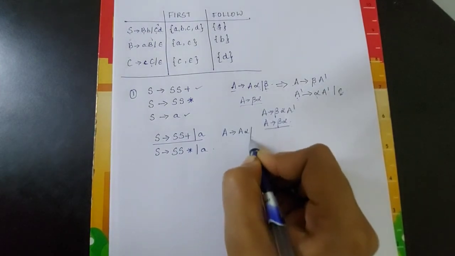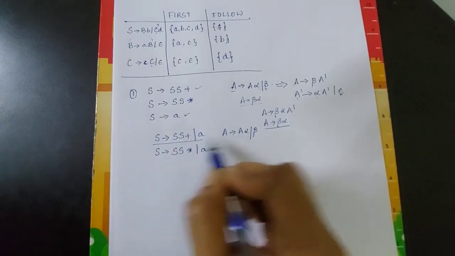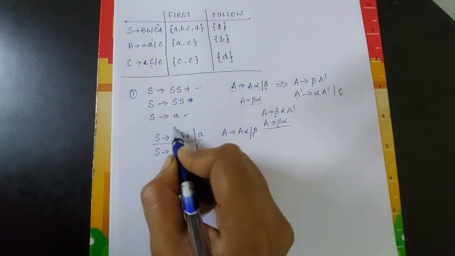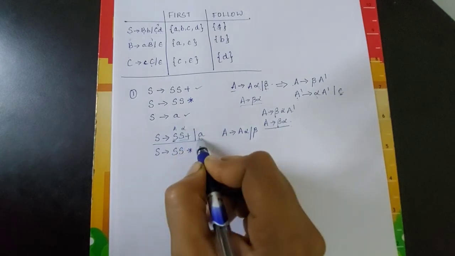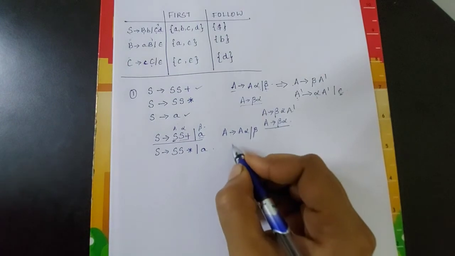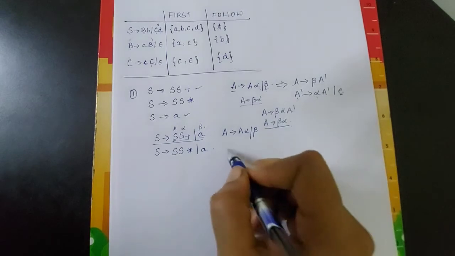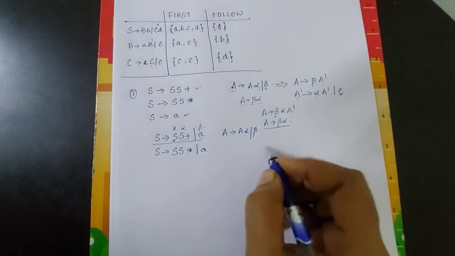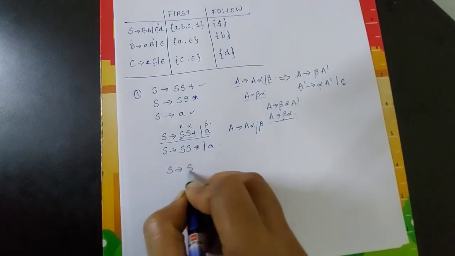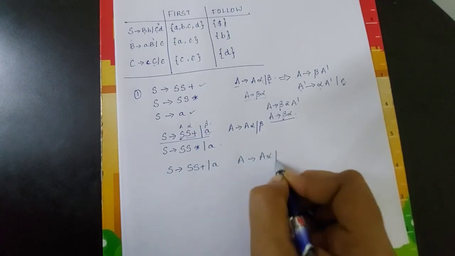A derives A alpha or beta. Okay, so let me take this one S to be A, S plus to be alpha, and this A to be beta. Alright, so in such case, in these productions I need to replace, correct? So let me write it somewhere over here. S derives SS plus or A, and A derives, it is in this way.